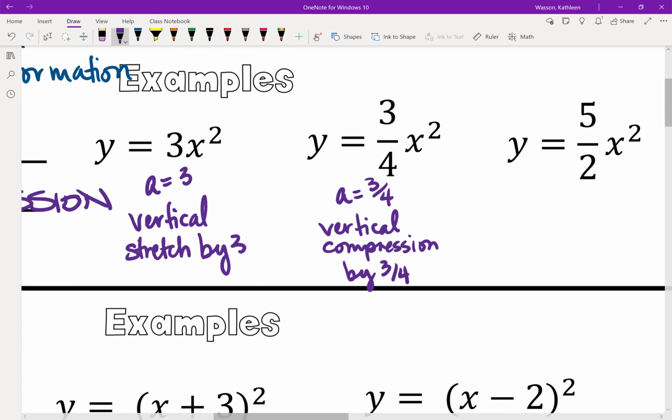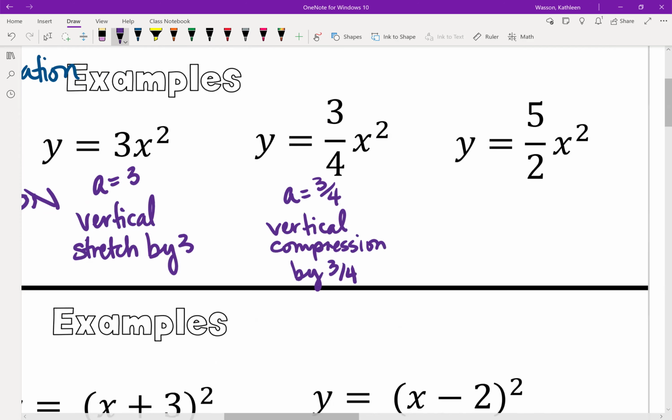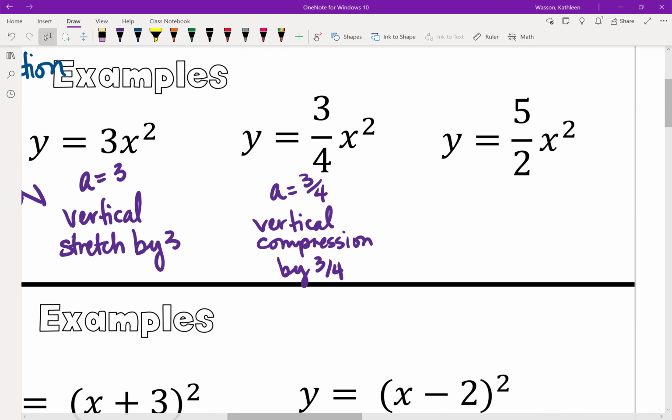This next example, I have y equals 5/2 x squared. Would this be a stretch or a compression? It's a stretch. 5/2 is a fraction.